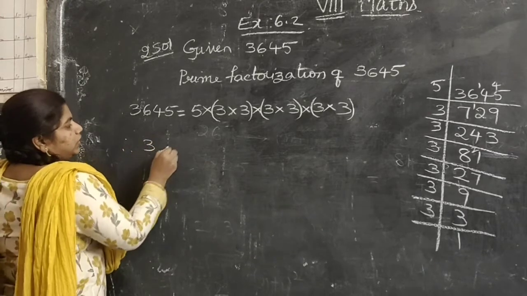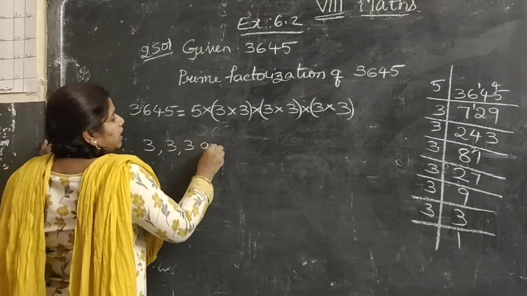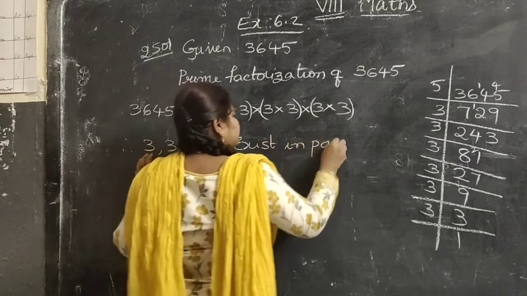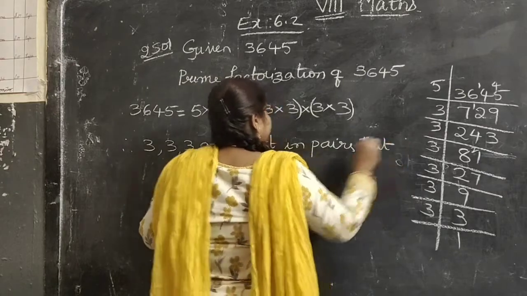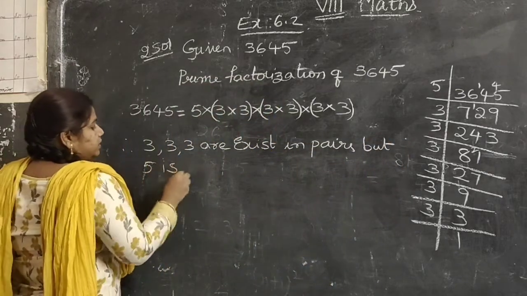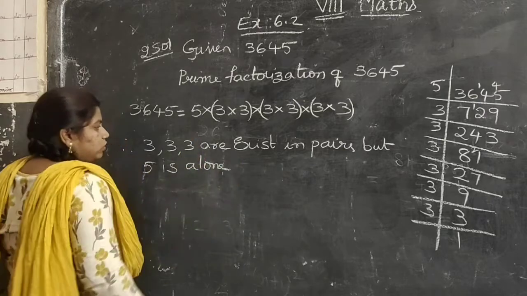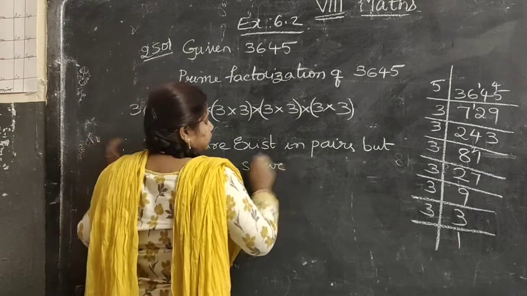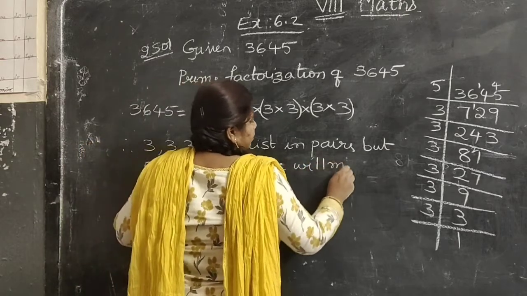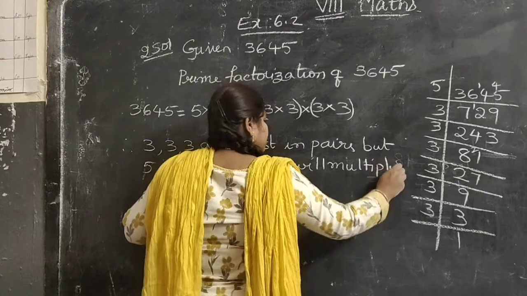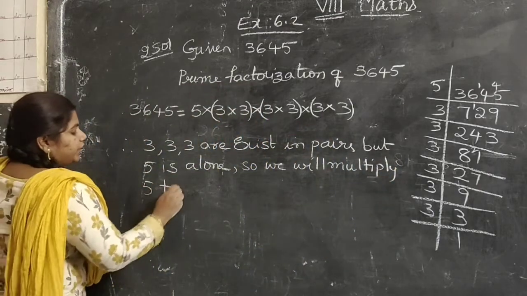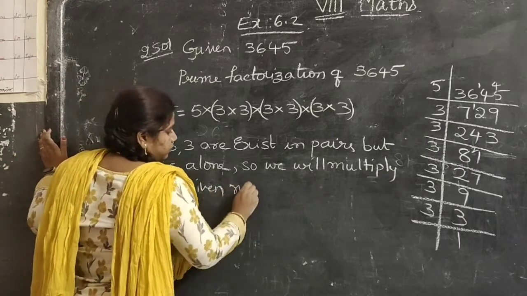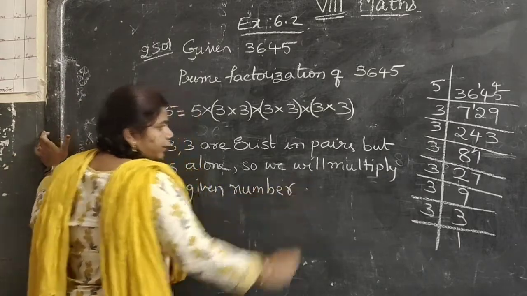Therefore 3s exist in pairs, but 5 is alone. So we will multiply 5 to the given number.